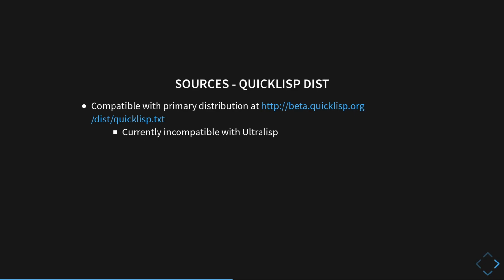Simply enter an HTTPS address to have CLPM use it. Unfortunately, there is no real specification for a QuickLisp distribution, so your mileage on others may vary. For instance, CLPM does not currently work with UltraLisp because UltraLisp does not publish a file containing a list of all of its previous versions.